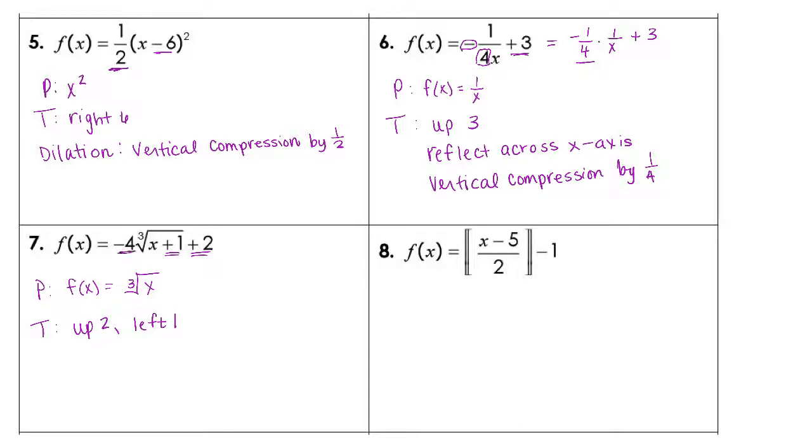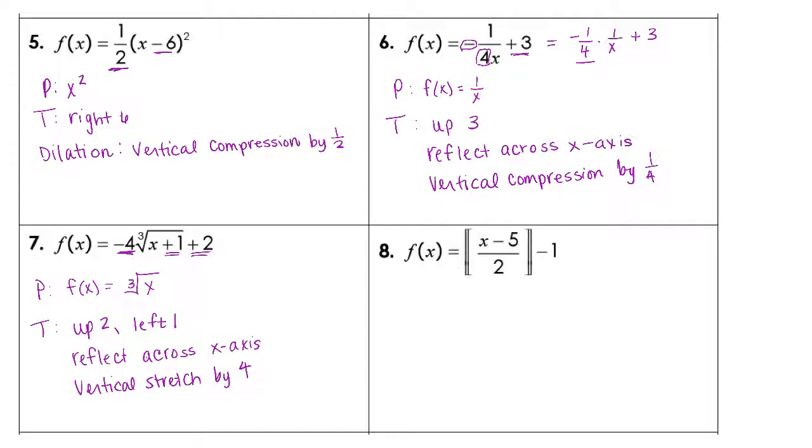And notice out here we're going to reflect across the x-axis. And we're also going to have a vertical stretch. And that vertical stretch is going to be by what we see, which is 4.